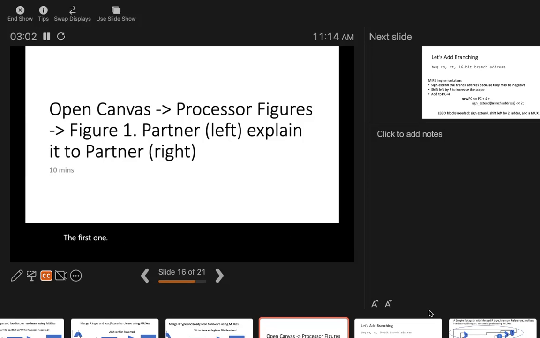So this figure just does the load word, store word. When you have components, you will have input ports and output ports.